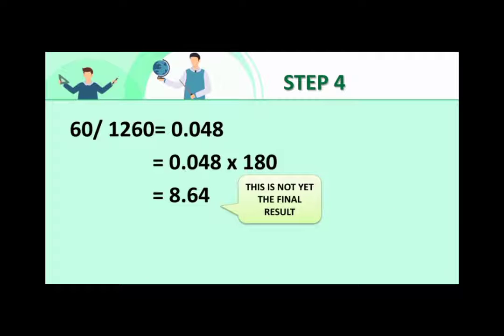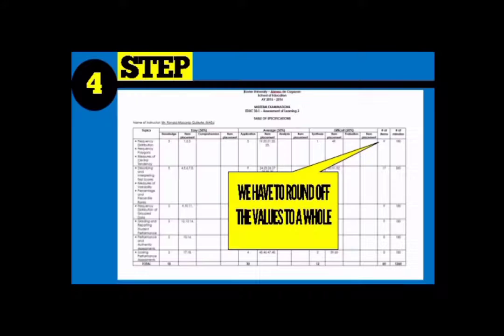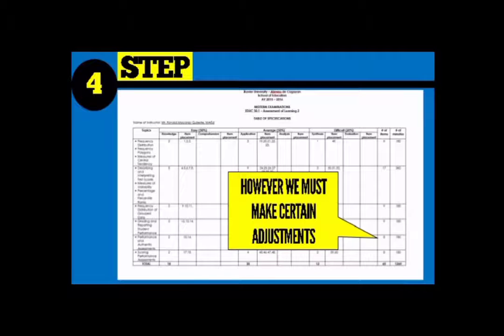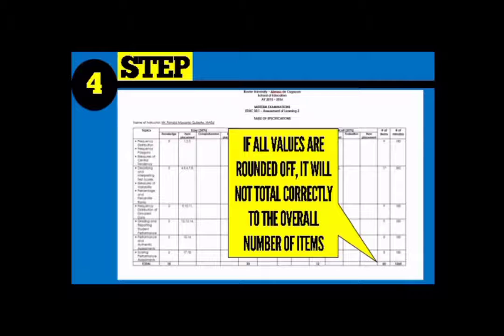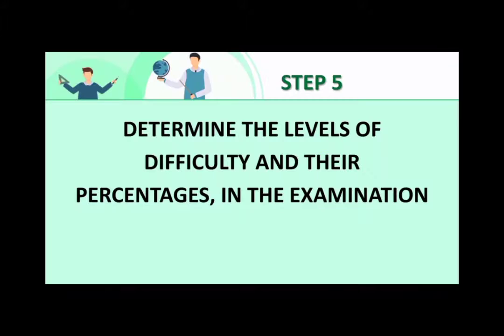But this is not yet the final result. We have to round off the values to a whole number. However, we must make certain adjustments, because if all values are rounded off, they will not total correctly to the overall number of items.